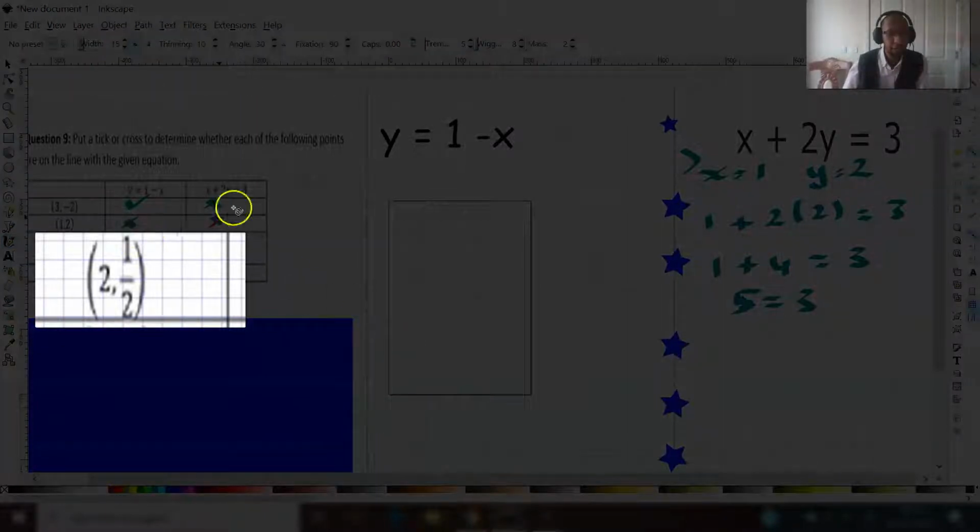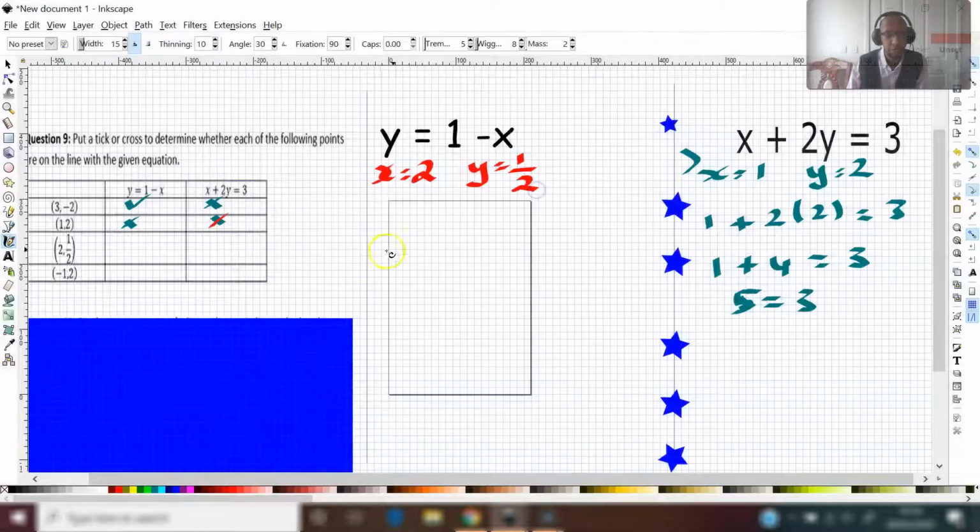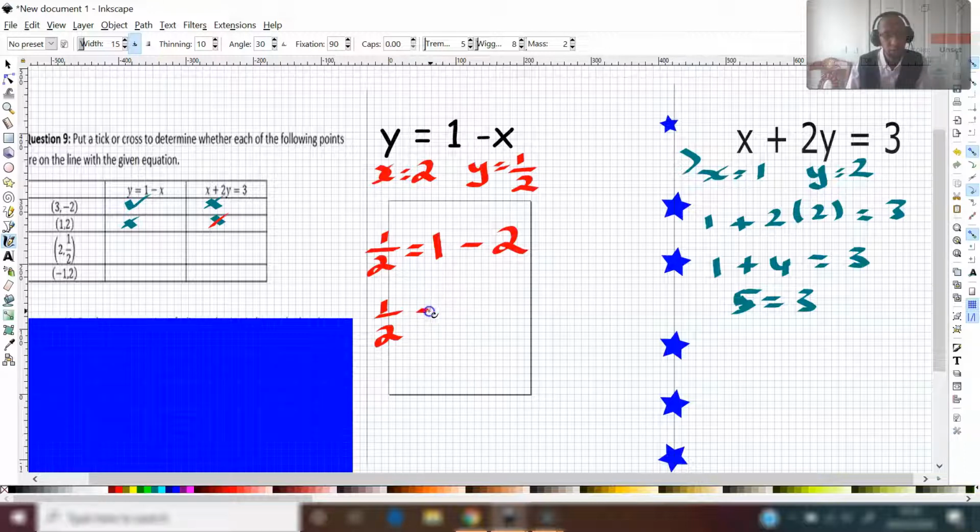And if we go to the next one, we have our X to be 2 and our Y is a half, and we have 1 minus X is 2. This won't be it, because 1 minus 2 is negative 1, and therefore this would be a cross.